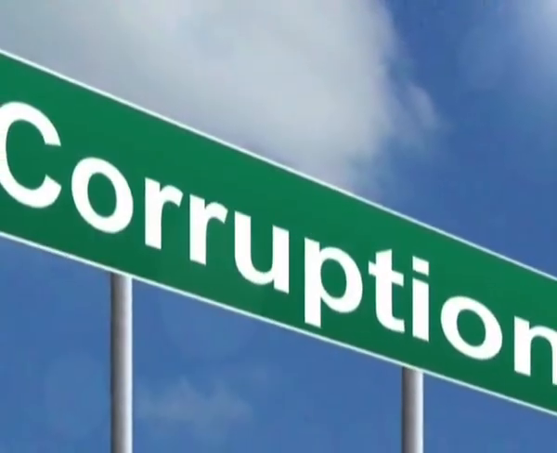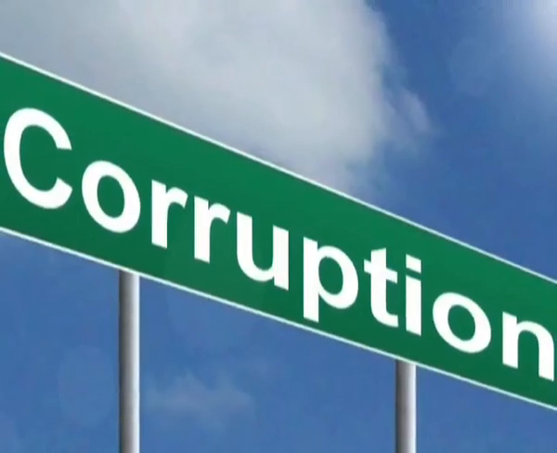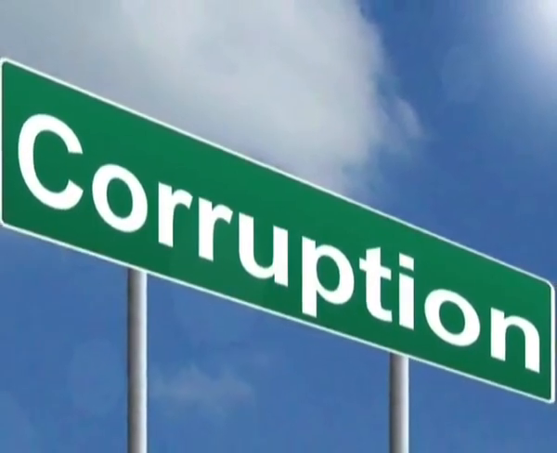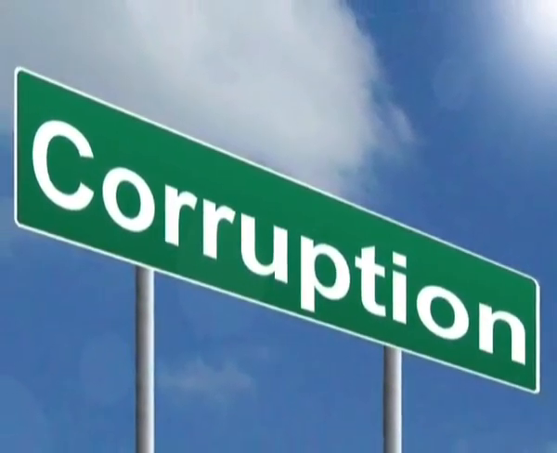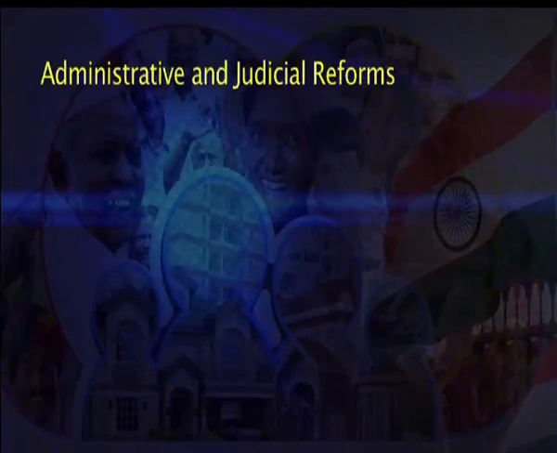The performance of public administration in India has come under close scrutiny in the last few years. Rampant corruption, inefficiencies, wastages and irresponsiveness to the needs of citizens are some of the commonly acknowledged problems afflicting the administration.